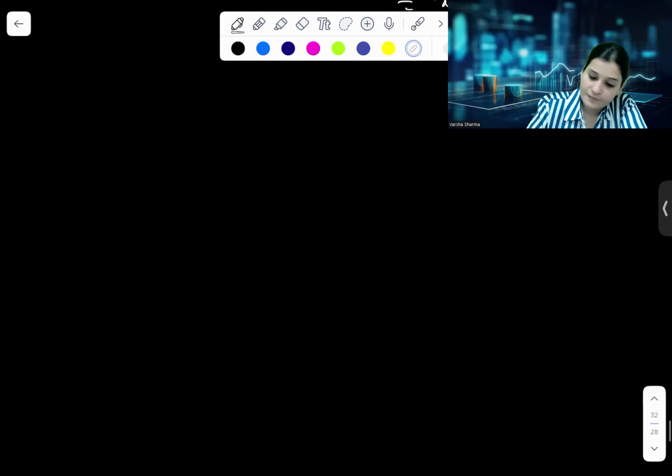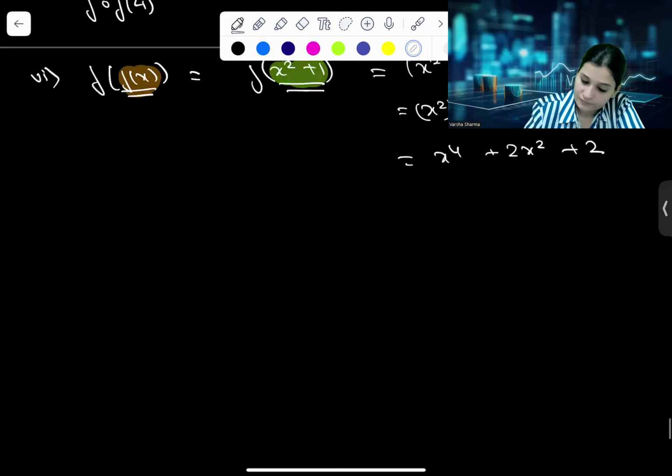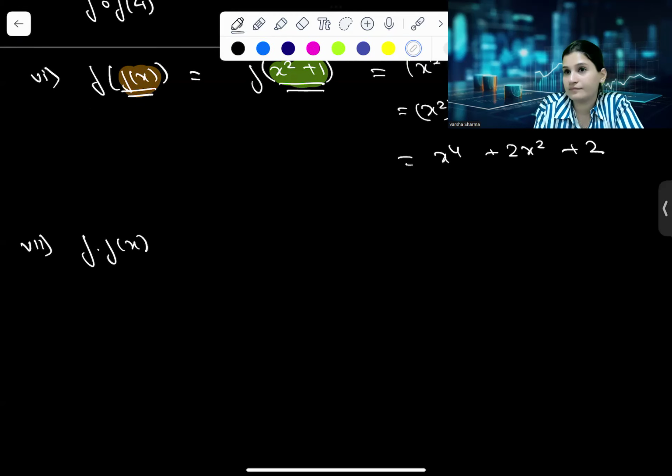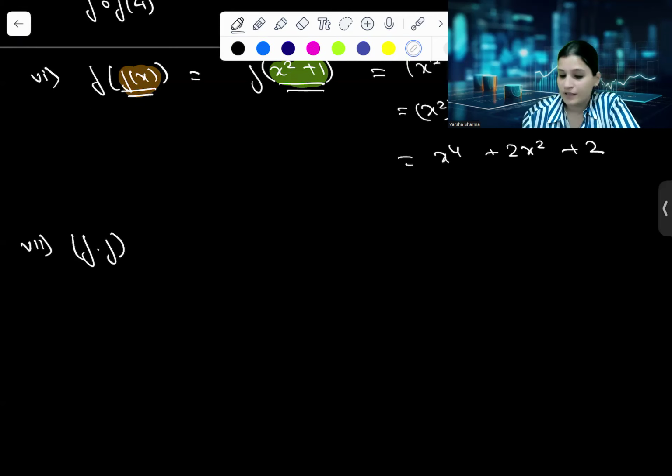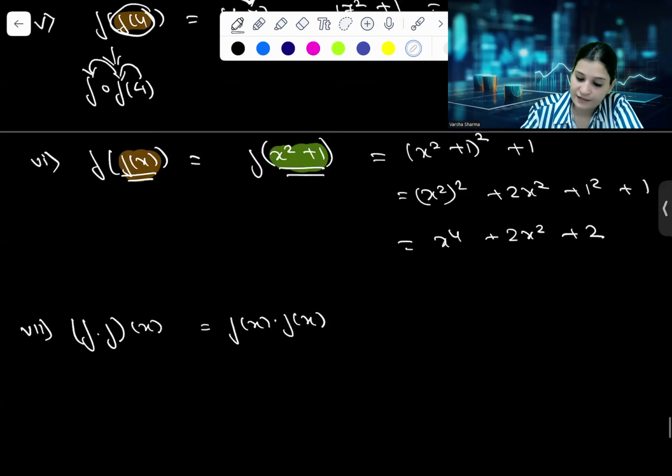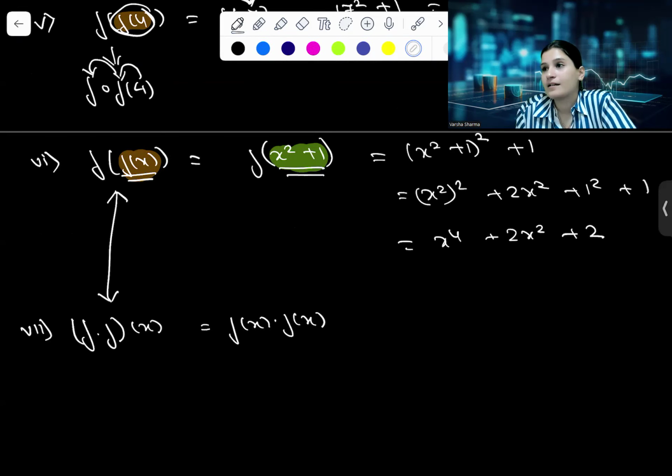If I would have written number 7, f of x into f of x, basically this, f into x. This means the bracket has shifted. There's a difference here. See, the bracket is different. Earlier, the bracket was inside the bracket, we had f of x.